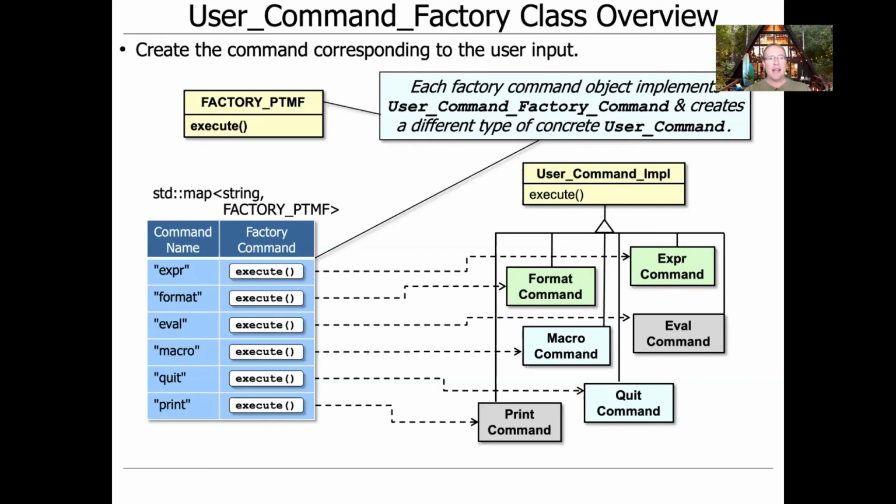And we're going to go ahead and have a bunch of member functions that are part of our user command factory class. And when someone comes along and says, I want to make an expert command, we're going to go ahead and call that factory method and execute it to do whatever we need to do. And you'll see this is really, really cool, as you'll see in just a second.